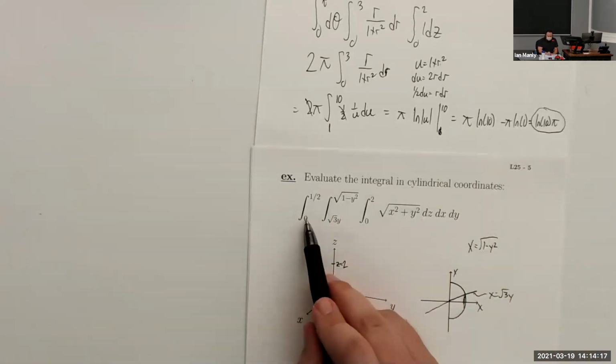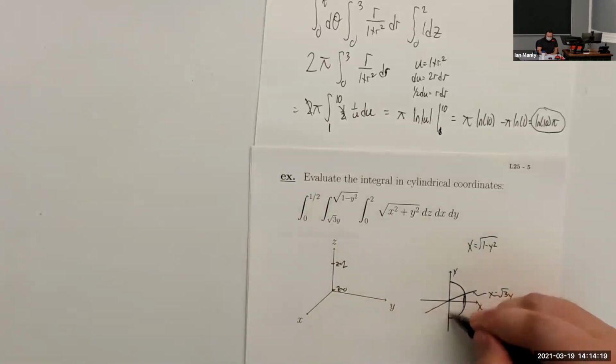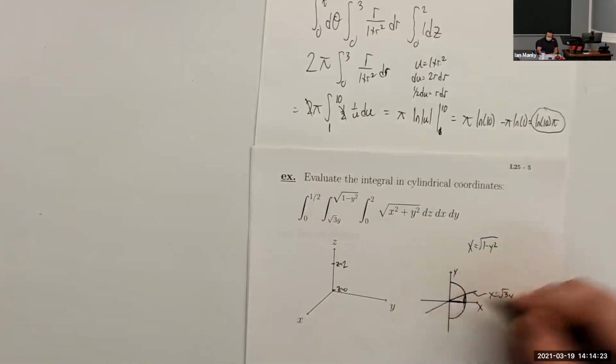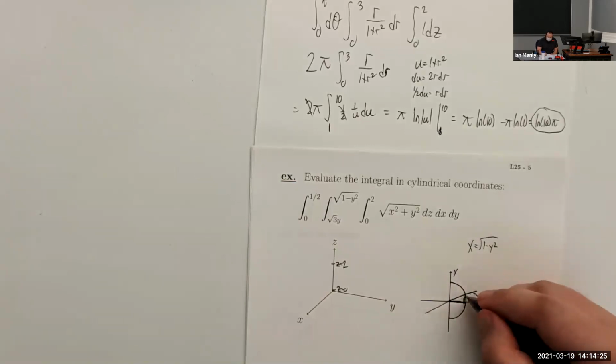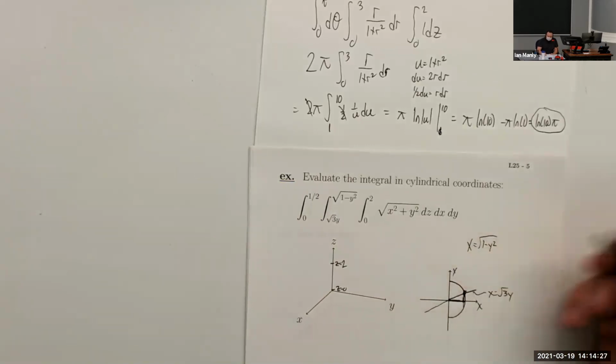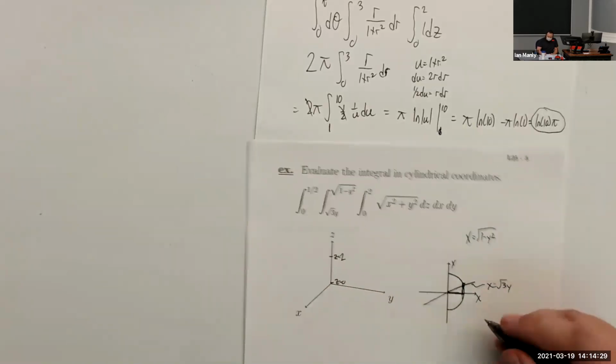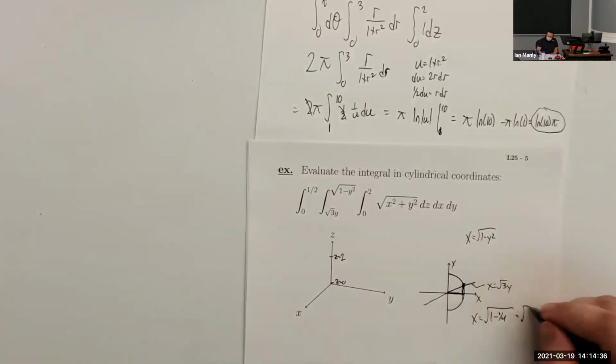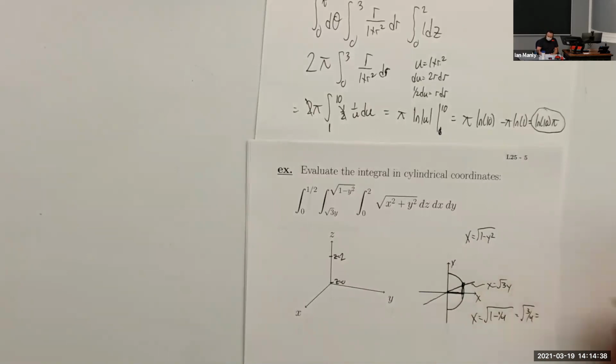Now, how much of this we're doing depends on the next part. So y seems to only go from 0 to 1/2. So we're not doing this bottom part with y being negative. We're starting at y equals 0. And 1/2, actually, that's going to be right here where these guys intersect. Because if we plug in y equals 1/2, I have x is the square root of 1 minus 1/4, which is the square root of 3/4, which is √3 over 2.